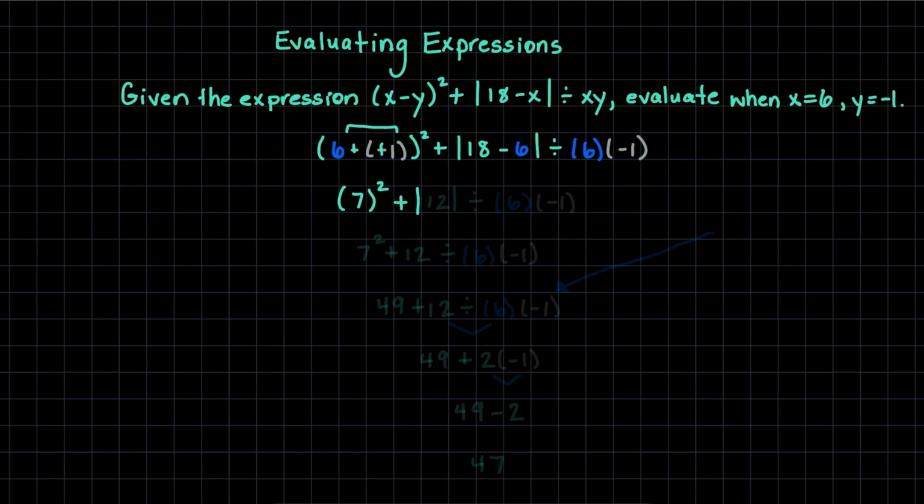Inside my absolute value bars, 18 minus 6 is 12 divided by 6 times -1. Absolute value of 12 is 12. So I've got 7 squared plus 12 divided by 6 times -1.